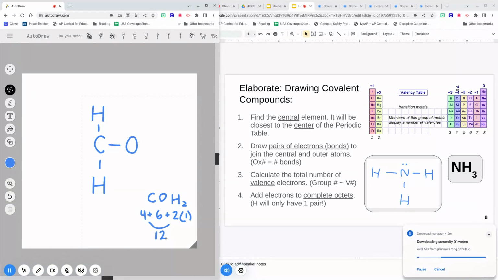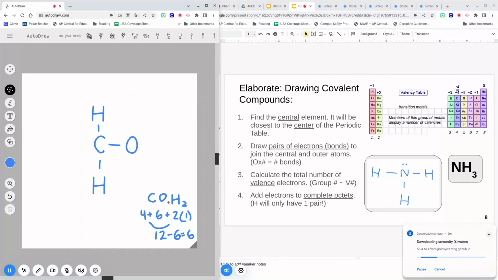There are 12 total valence electrons in this compound. If I subtract the bonds that I already used, that would represent 2, 4, 6 valence electrons. So we have already included 6 valence electrons in our drawing, and we have 6 more that we need to add.